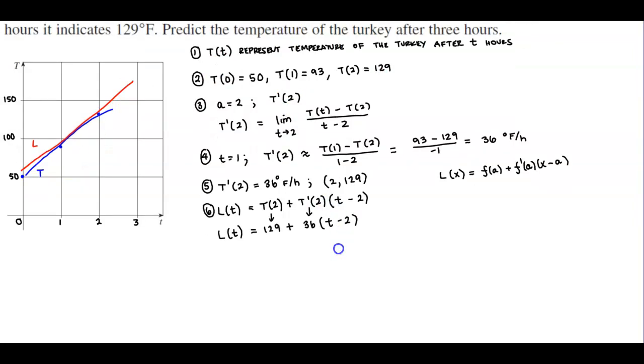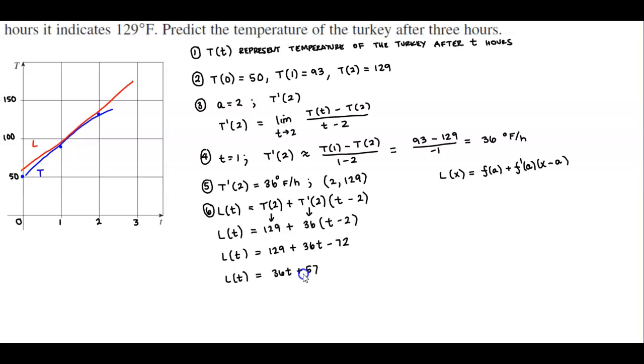So if we simplify a little further, we get L of t equal to 129 plus 36t minus 72. And so therefore L of t is going to equal 36t plus 57. So there is our equation.